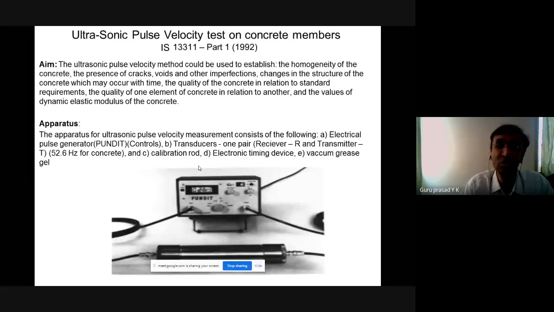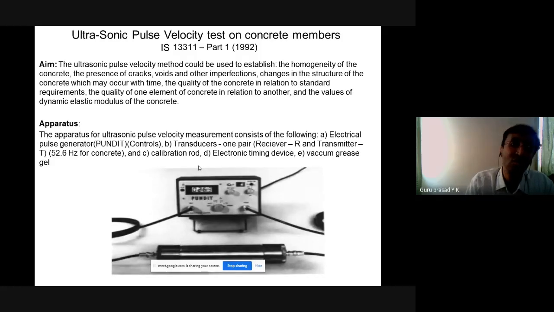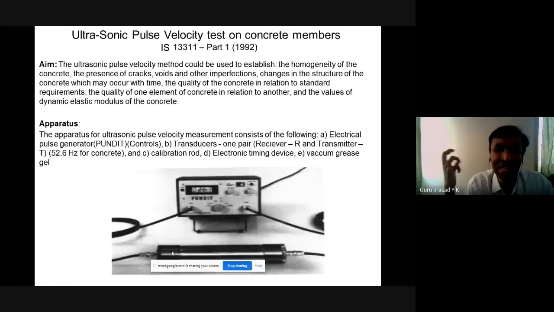I repeat, it produces ultrasonic sound. This controller is connected to two transducers or probes. One of the probes is called a transmitter and the other is called a receiver.